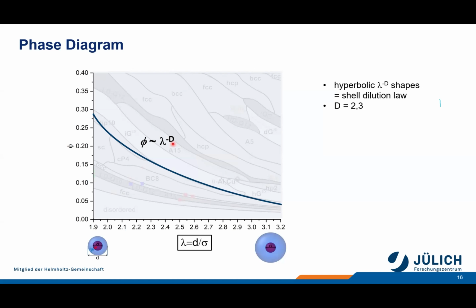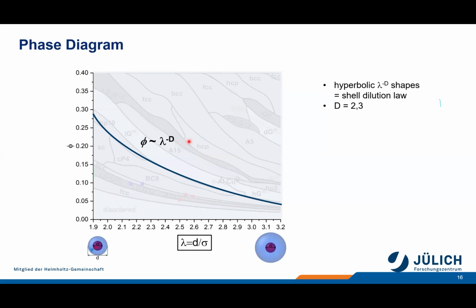And if you go to the upper right, you will have overlap. You're above the overlap concentration. You squeeze the shell, and the shells and the particles then try to pack in some kind of ordered or maybe quasi-crystalline lattice. The phase diagram I will be showing to you is very complicated. So it's surprisingly complicated, and therefore we go through it step by step.